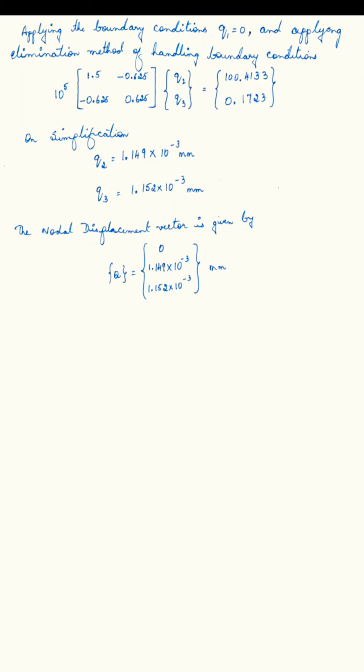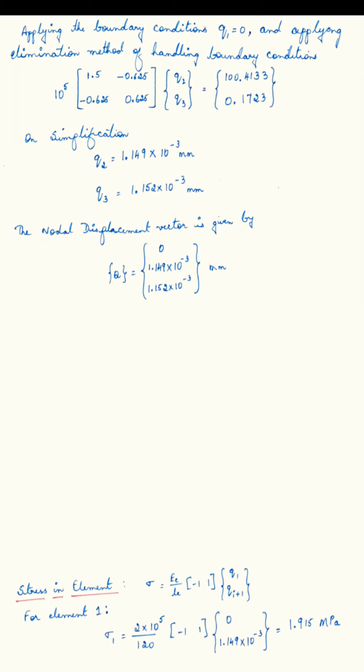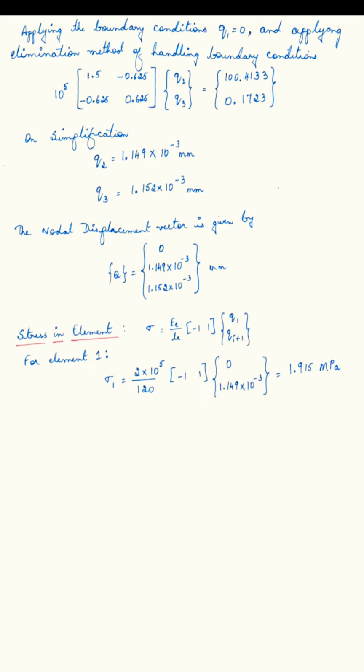The nodal displacement vector is now given by Q equals 0, 1.149 into 10 to the power of minus 3, 1.152 into 10 to the power of minus 3. Q1, since we know it is 0, Q2 and Q3 we have just calculated. With the Q value that we have obtained, we can calculate the stress.